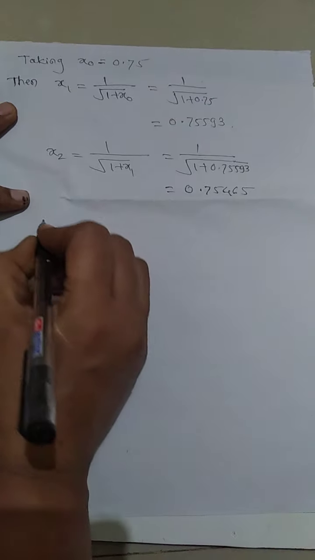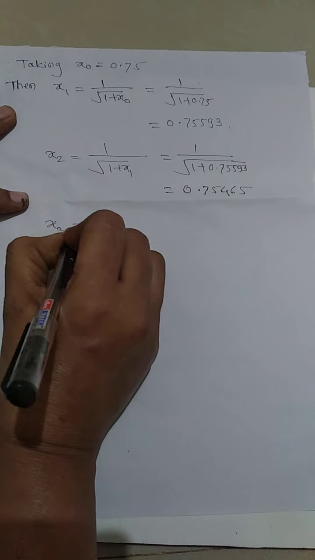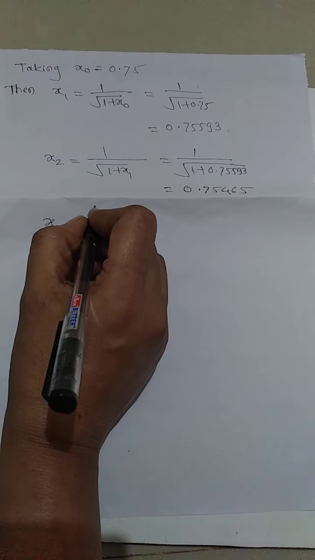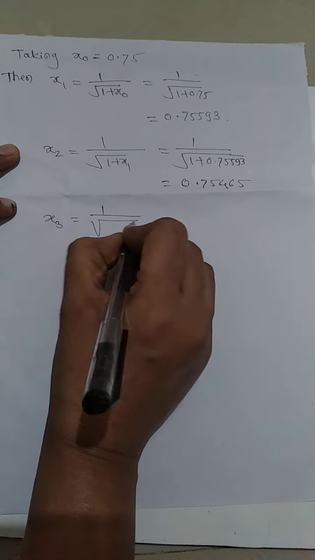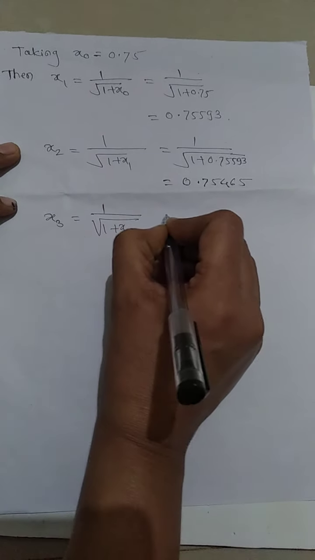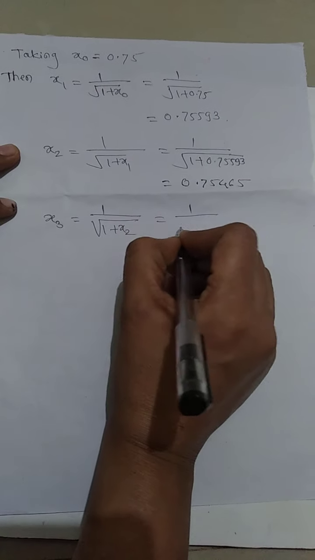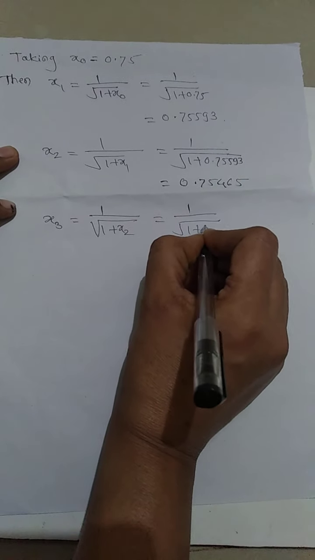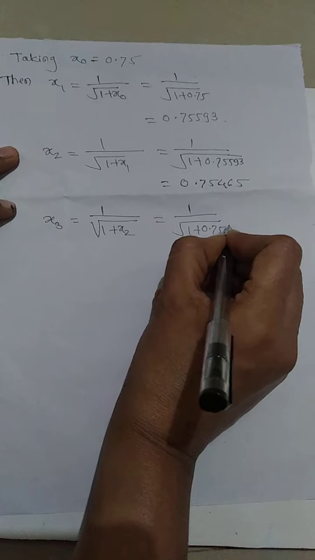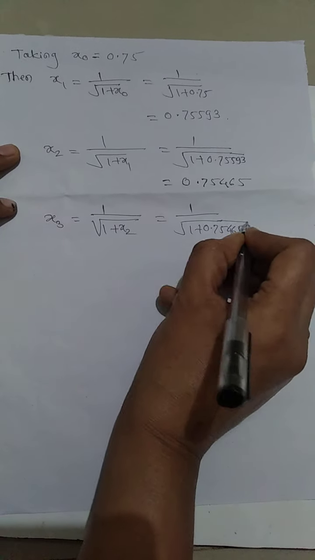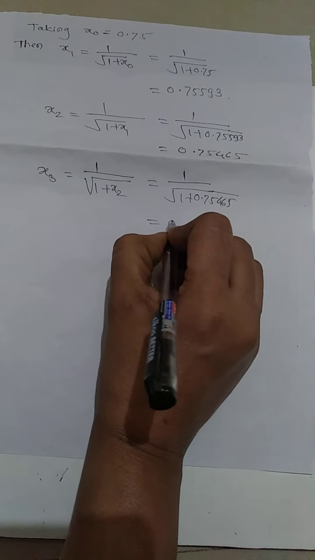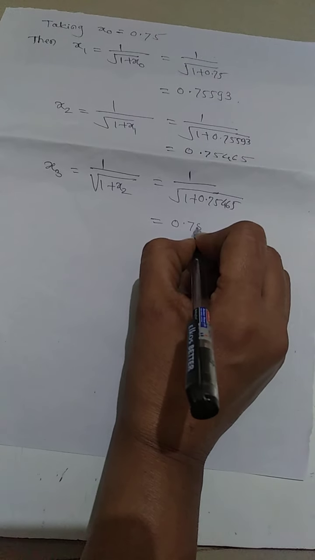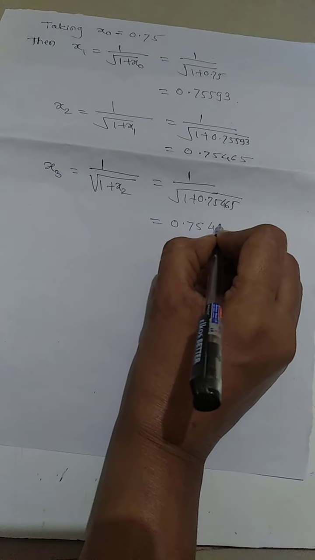After calculating, this value is equal to 0.75465. Again find x3. x3 is equal to 1 upon under root of 1 plus x2, and that is equal to 1 upon under root of 1 plus 0.75465. After calculating, the value of x3 is 0.75493.